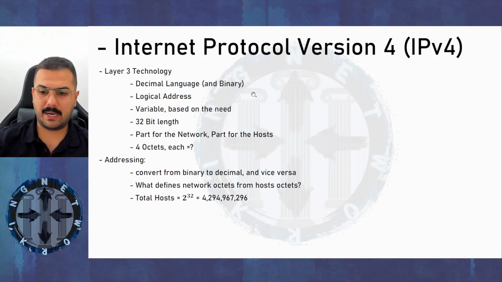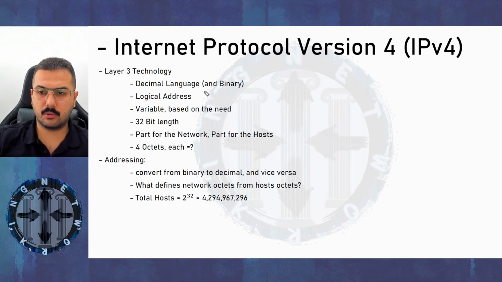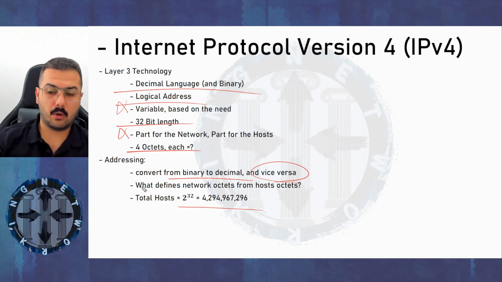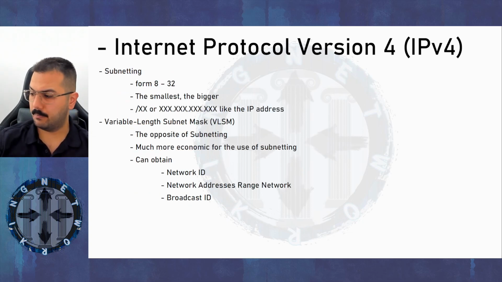So this is about the packet, and we have already talked about many nodes so far. Decimal language, logical address, 32 bits, 4 octets. Later we need to understand the conversion, and we will have to do it again. And we have learned that the total amount of IPv4 addresses available in this world is almost 4.2, or let's say almost 4.3 billion IPv4 addresses.